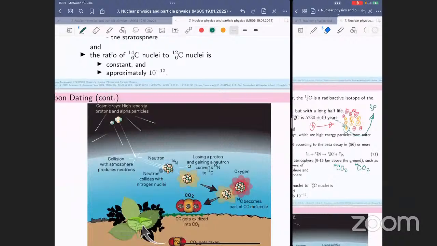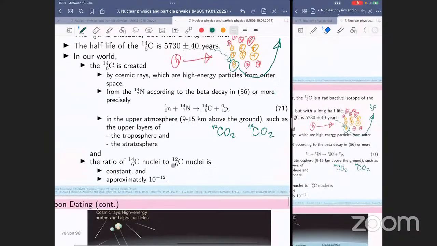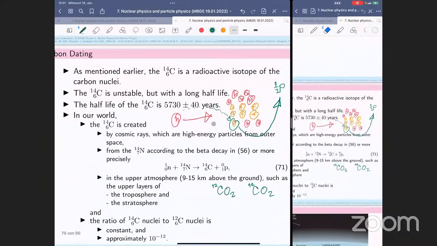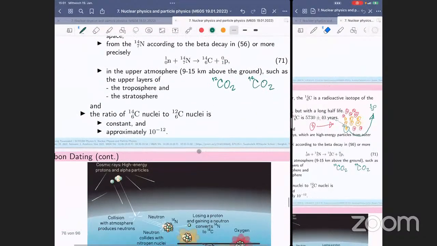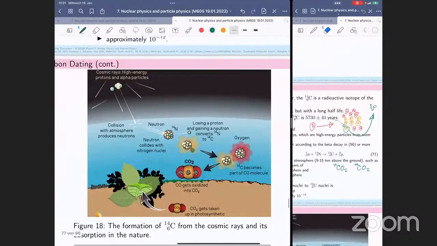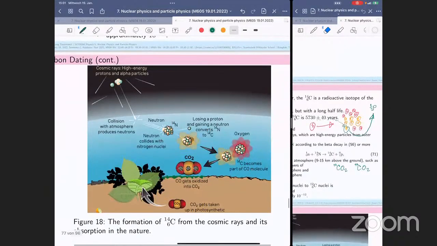The neutron will hit the nitrogen 14, and it will kick out one proton. It will kick out one proton and stay in the place of that proton's location. All right. And now we got carbon 14, losing a proton and gaining a neutron.